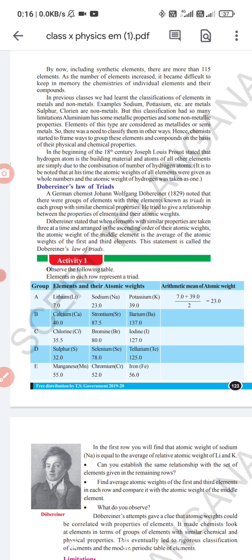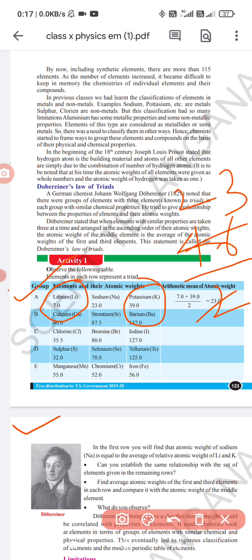He selected three elements named lithium, sodium and potassium, whose atomic weights are 7.0, 23.0 and 39.0. He took the average of the first and last element, that is lithium and potassium.